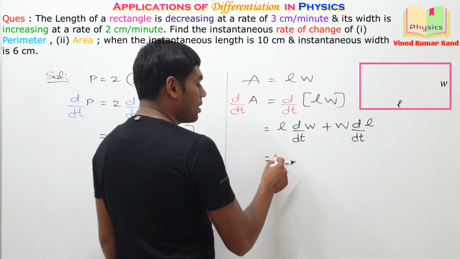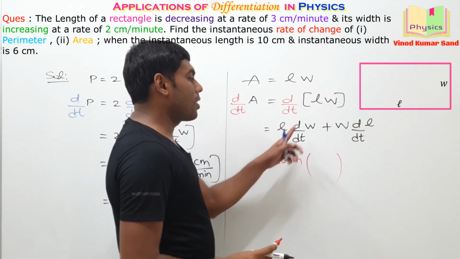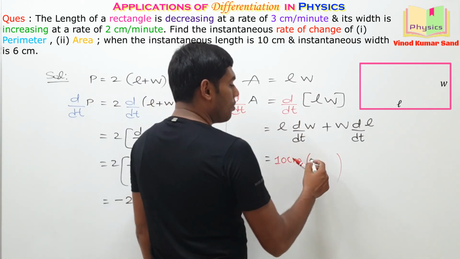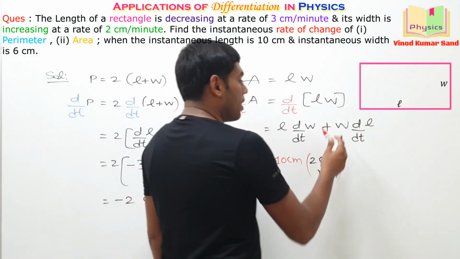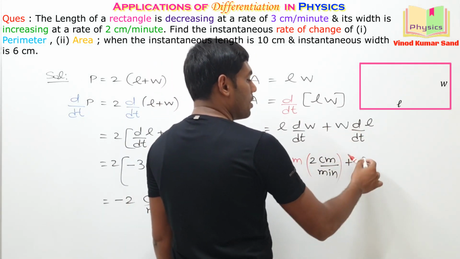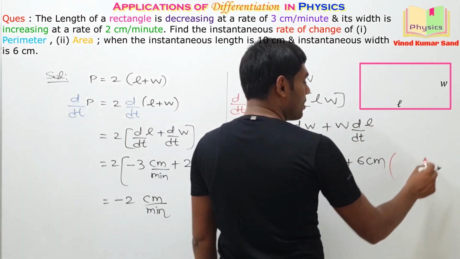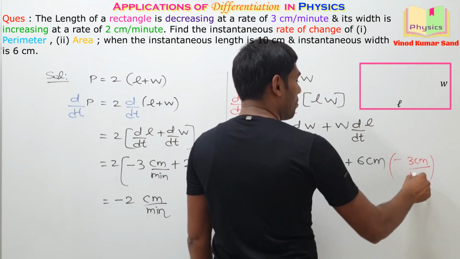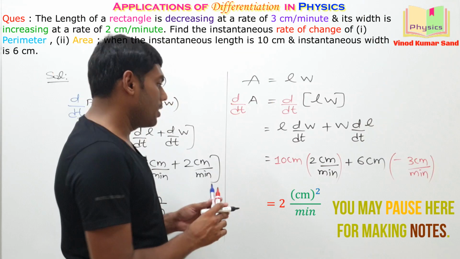Okay, length is given as 10 centimeter. How much is the rate of change of width? The width is increasing at a rate of 2 centimeter per minute. The width is given as 6 centimeter and the length is decreasing at a rate of minus 3 centimeter per minute. Getting it? Note it down.